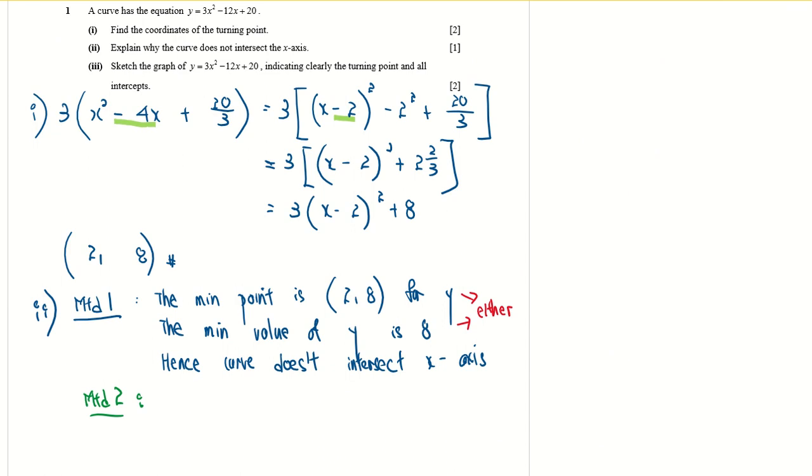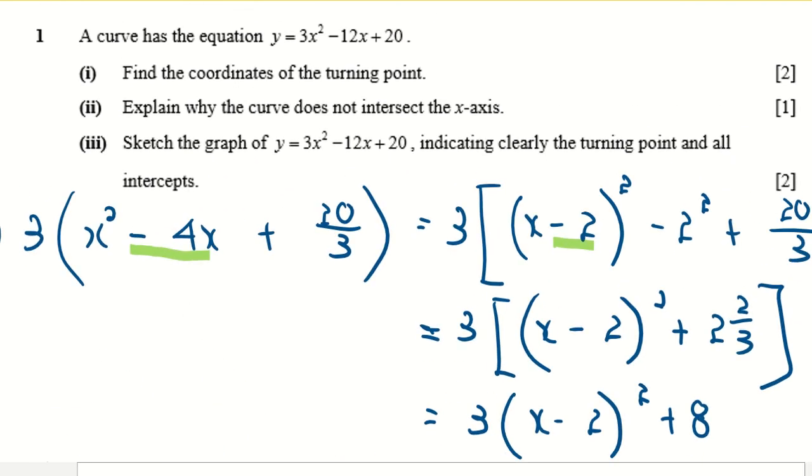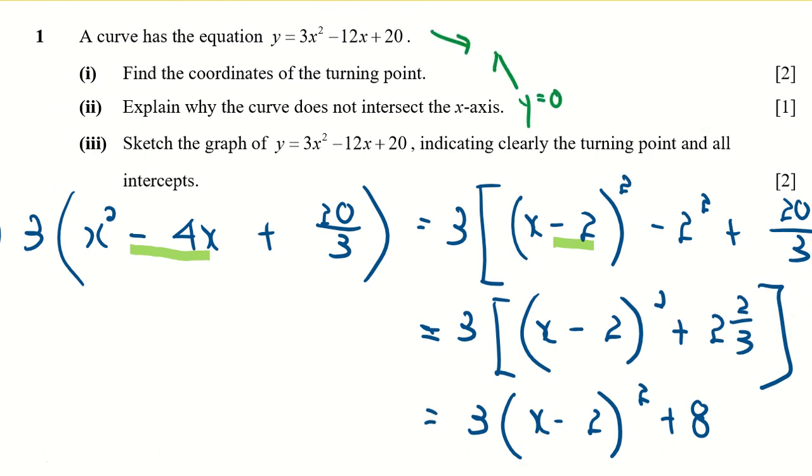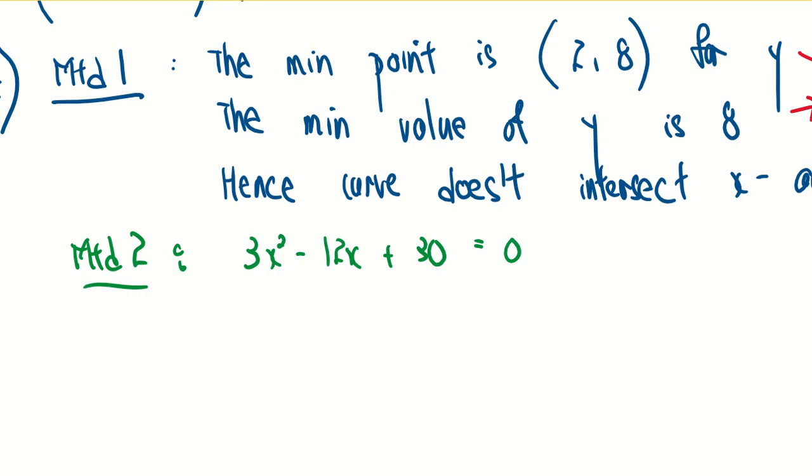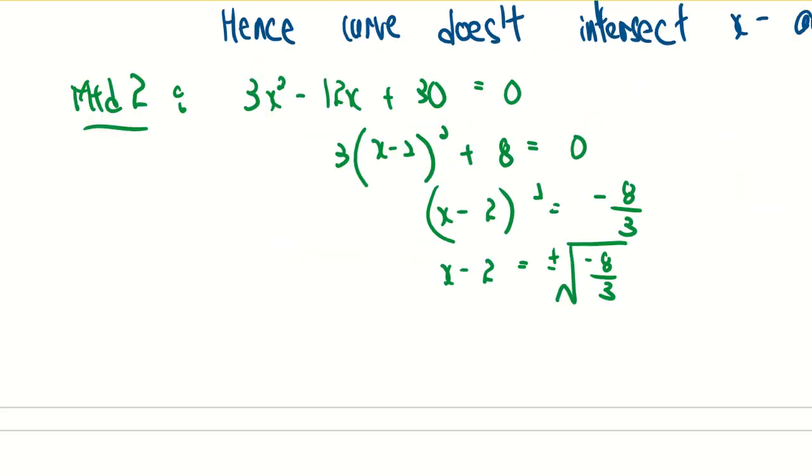Okay, I'm going to try method 2, which is typically when you talk about intersection with the x-axis, this means that the x-axis is y equal to 0. Let me solve for the curve and y is equal to 0. So I will solve for this particular quadratic equation.